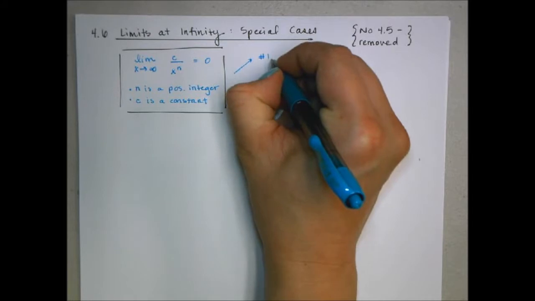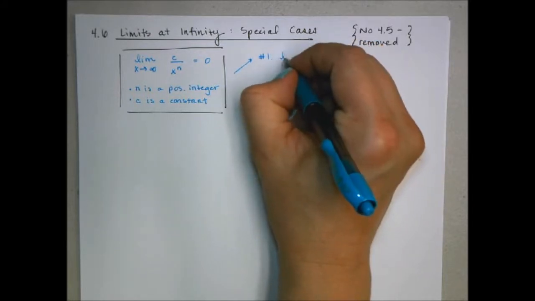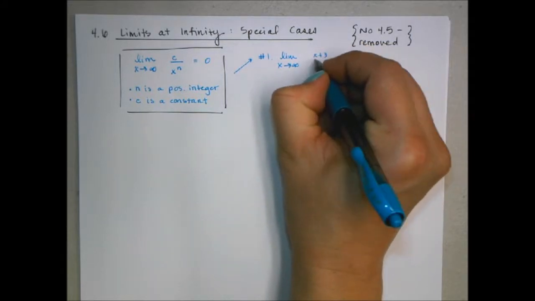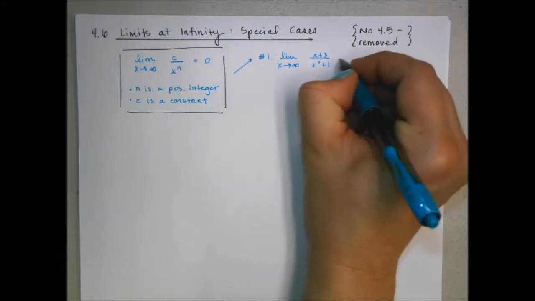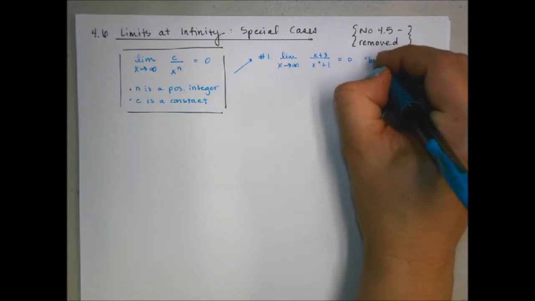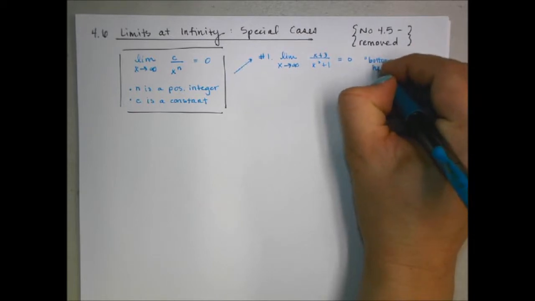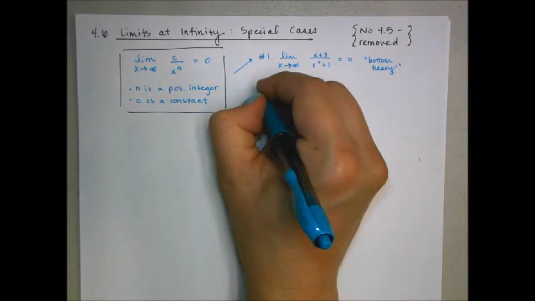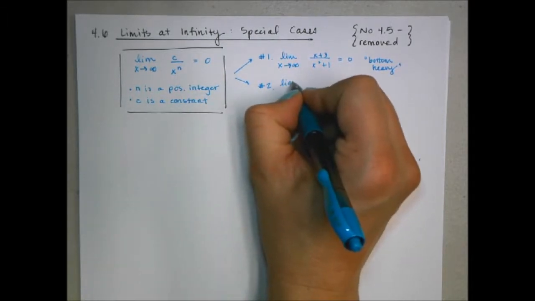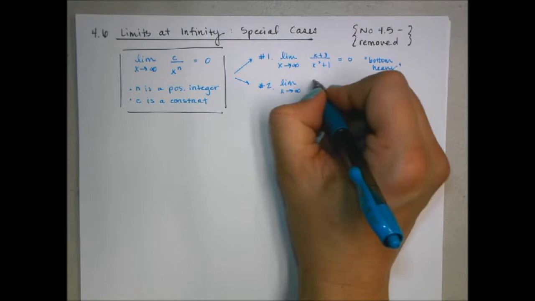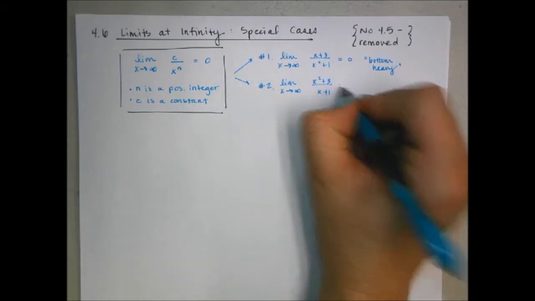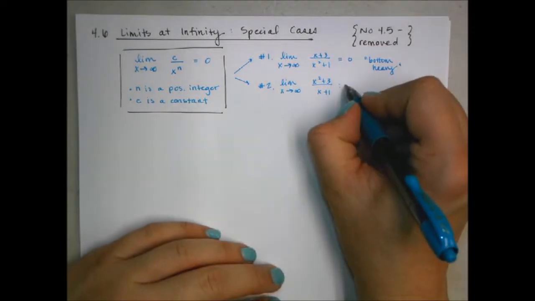So first, our function could be something like x plus 3 over x squared plus 1. And this limit at infinity would be 0, and we called it bottom heavy. Or second, we could have a limit like x squared plus 3 over x plus 1, which was top heavy, and top heavy limits do not exist.